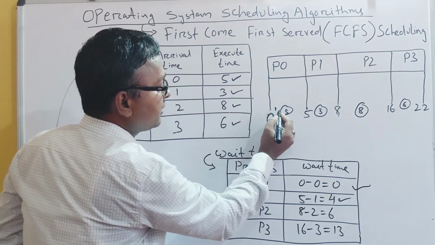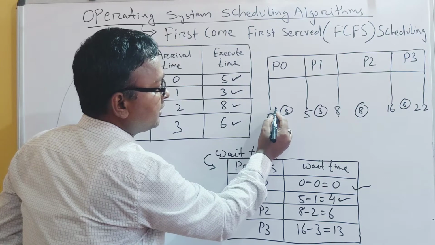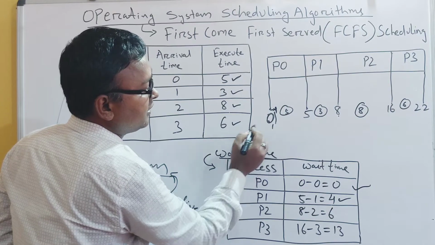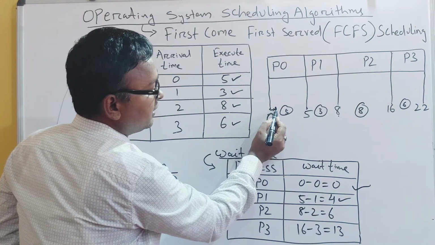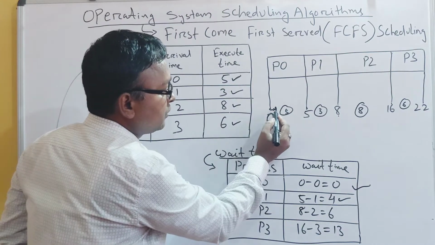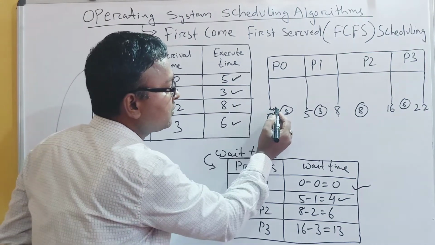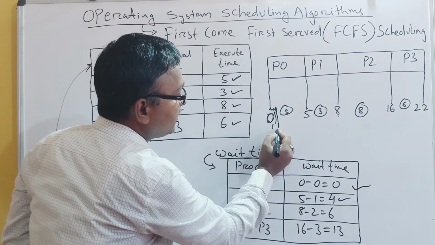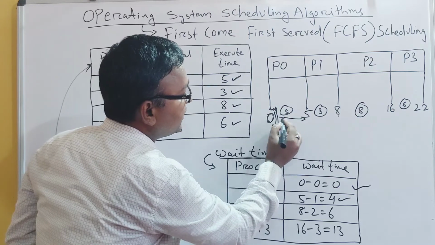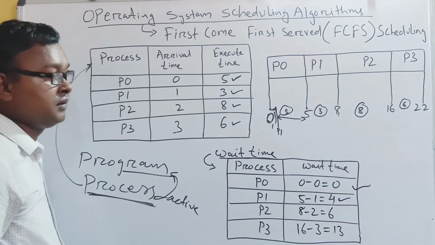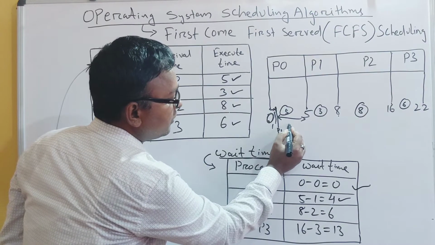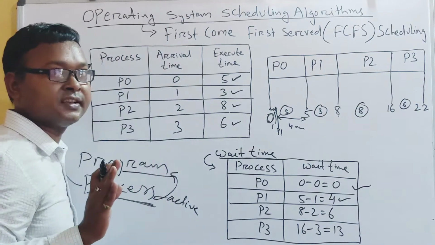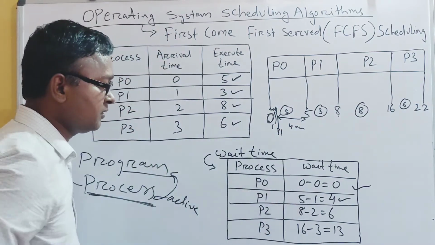So P1 arrived here, when 1 nanosecond had already been completed by P0. Then P1 was waiting for the processor, because P0 has to complete before P1 can execute, right? So when P1 arrived here, it will be waiting for only 4 nanoseconds until P0 completes its execution, right? So you understood, right?